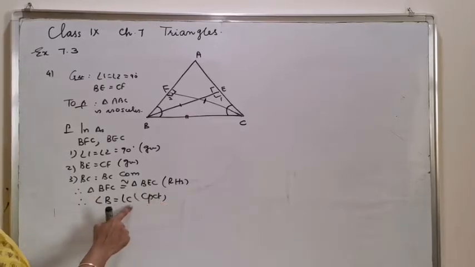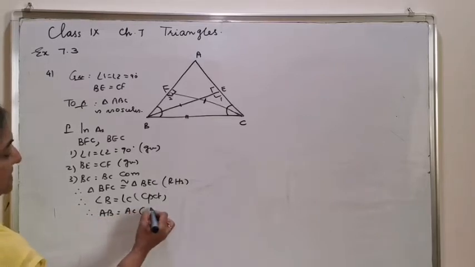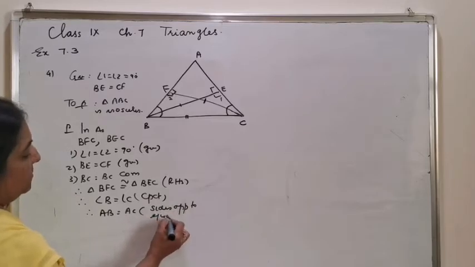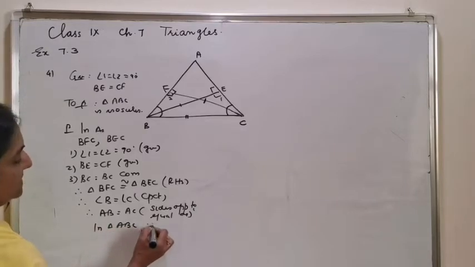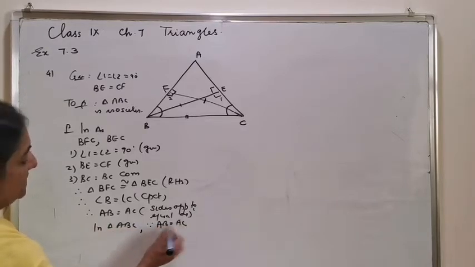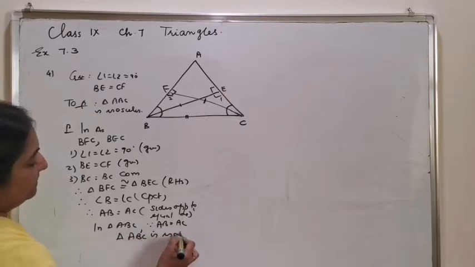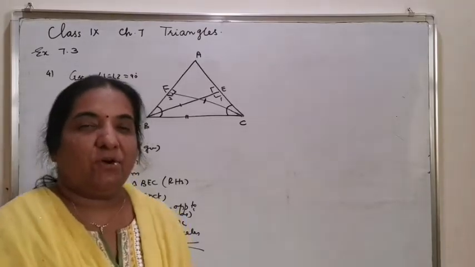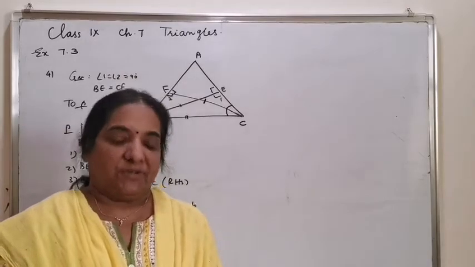If angle B and angle C are equal, therefore, AB equal to AC, sides opposite to equal angles in triangle ABC. Since AB equal to AC, triangle ABC is isosceles. Or even with angle B equal to angle C, it is understood, but write the reasons.